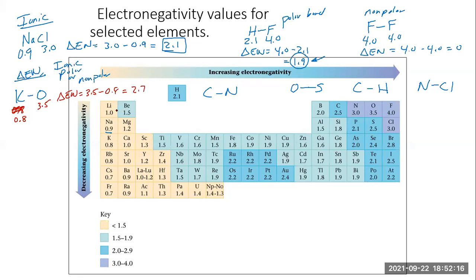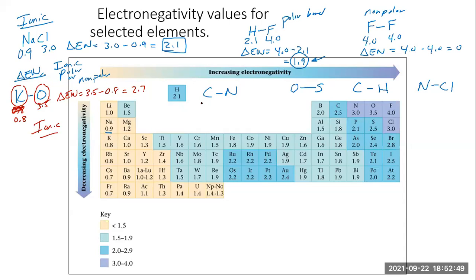And that 2.7 is definitely above 2, which would make it an ionic bond. We really didn't need these numbers, just to reassure you in case you don't have them: K is a metal, O is a non-metal, so we could safely assume this is an ionic bond, even without the difference in electronegativity. Any questions on that one there?